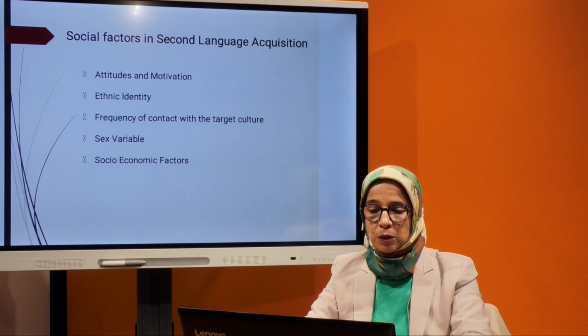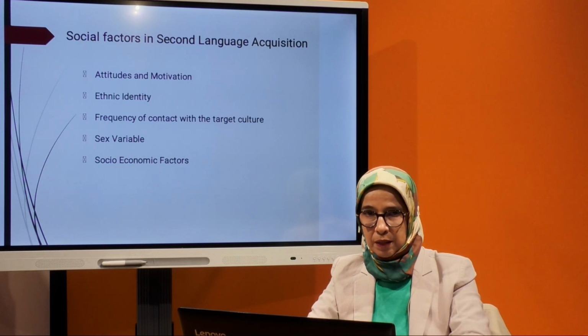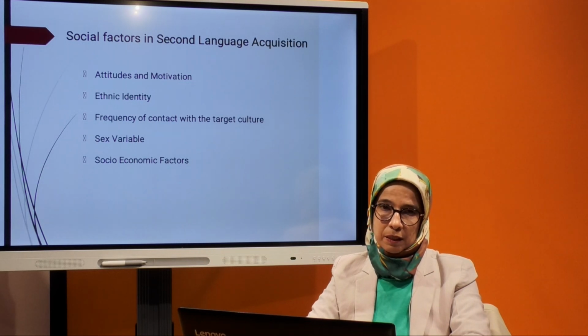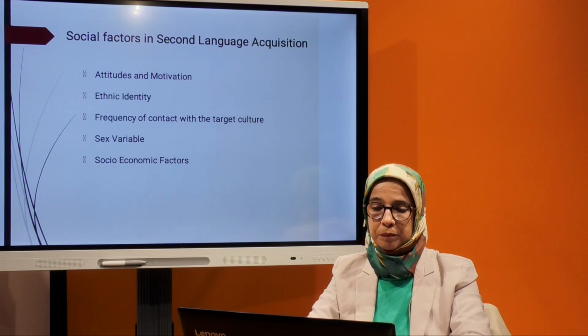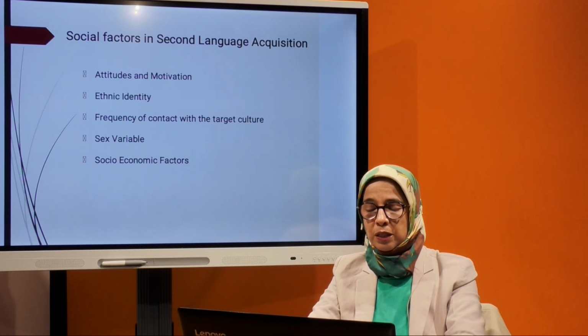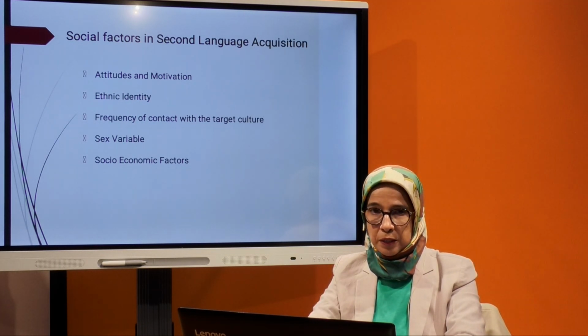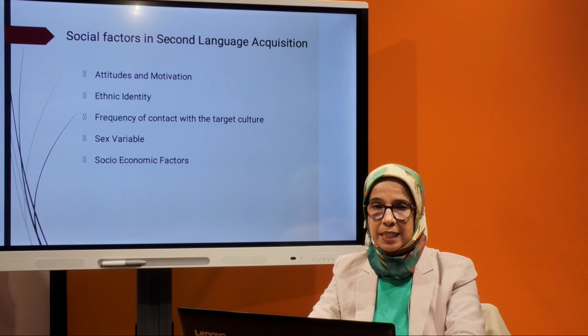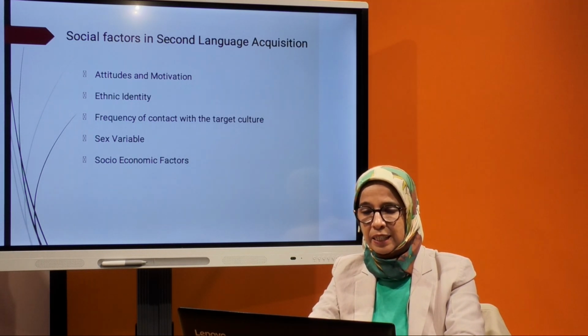Moving to socioeconomic factors. So here, another perspective of seeing second language acquisition or learning. Recent studies concerning socioeconomic factors have brought into prominence the role of social class differences as a causal variable in SLA.